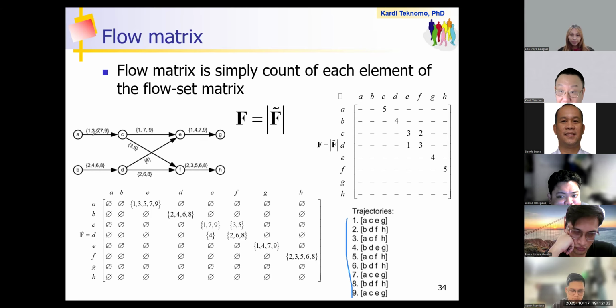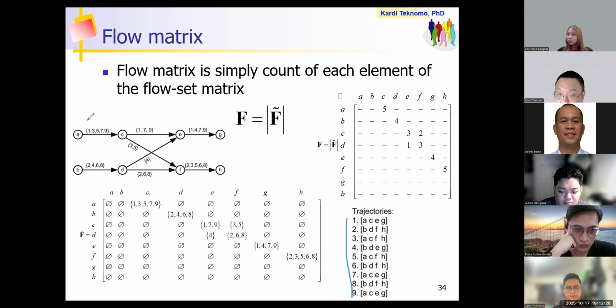Some vehicles are going straight, some vehicles are going to the other direction. So usually what we want to know is how much weaving, how many people are changing direction. This represents the flow that we want to know.